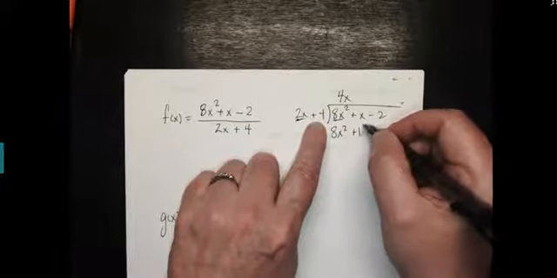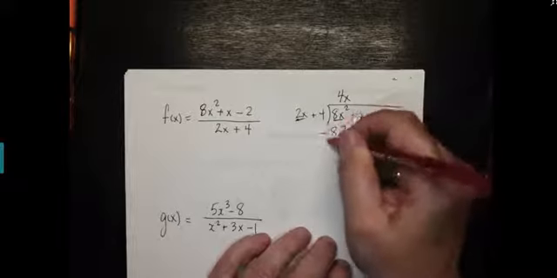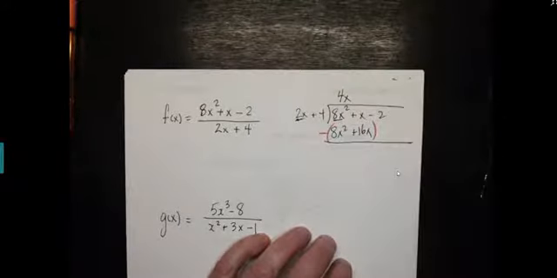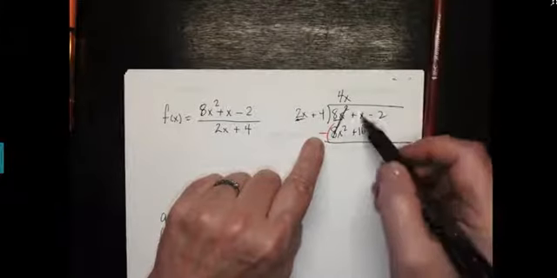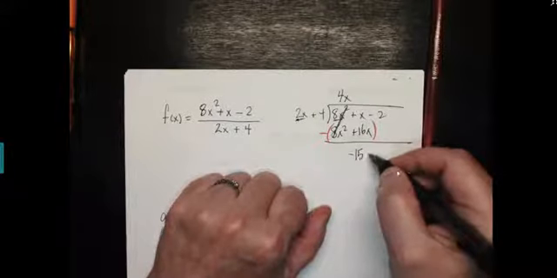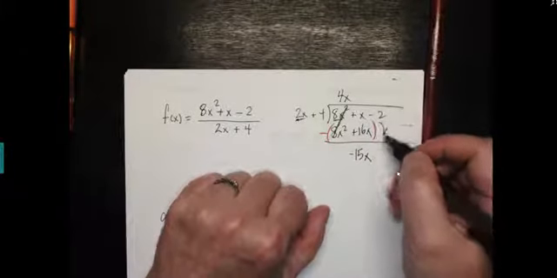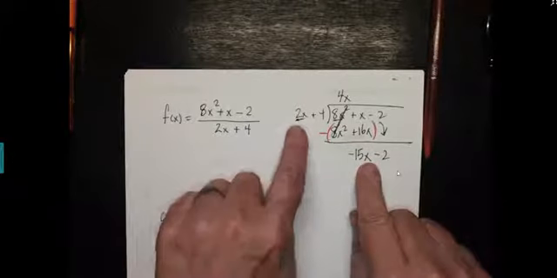And this will give me plus 16x. And then I subtract everything. 8x squared minus 8x squared, they go away. And then I have x minus 16x. And then I've got this -2 coming along for the ride. This has degree 1. This has degree 1.